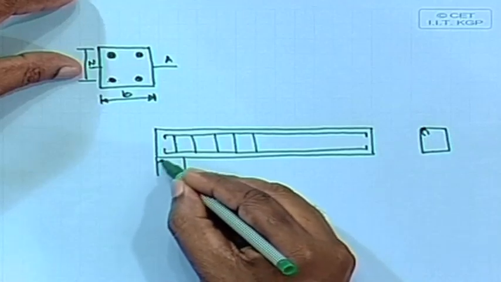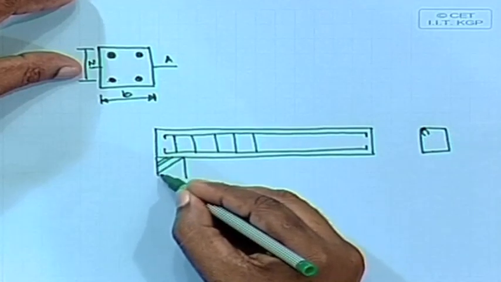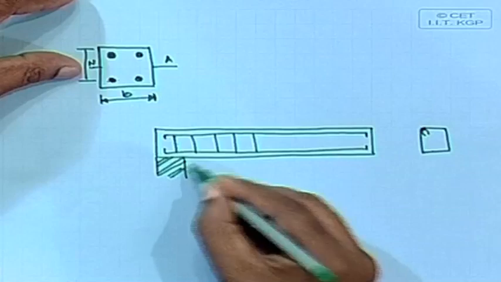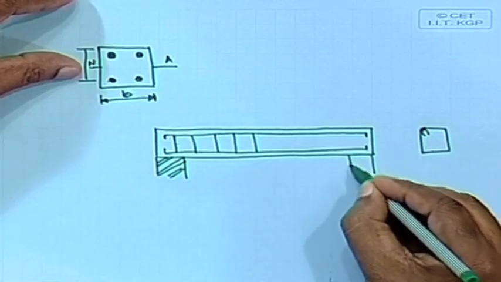Say if this is a support, say a brick wall, here is also a support, say a brick wall.